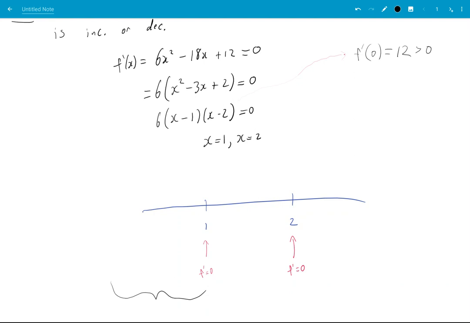Because the only time f prime can change signs is at 1 and 2. If you want to change signs, you have to go through this 0 first. So I conclude that f prime is bigger than 0 here, based on what we call a test point, x equals 0.